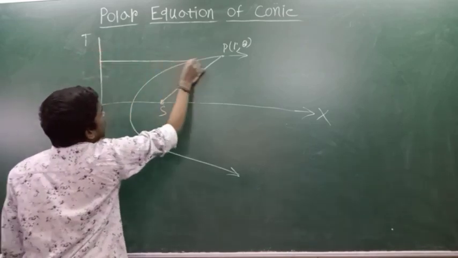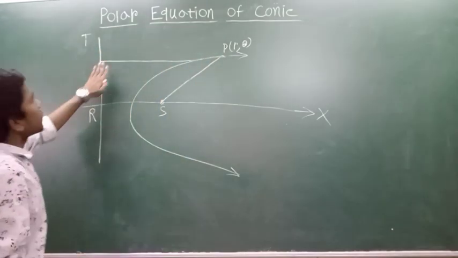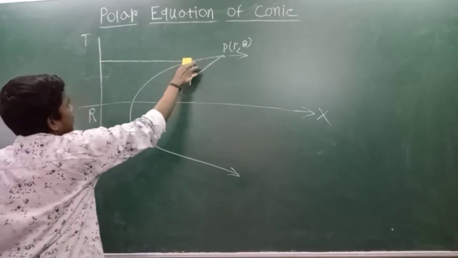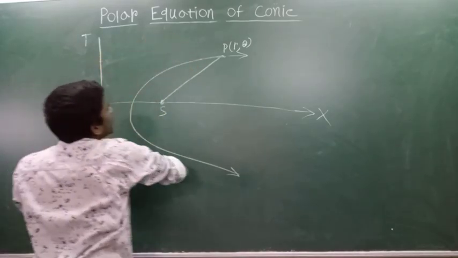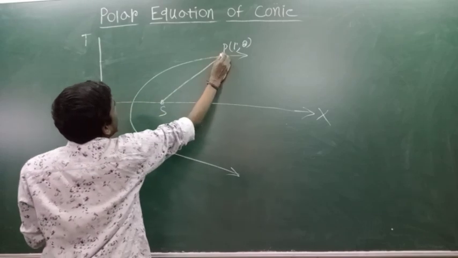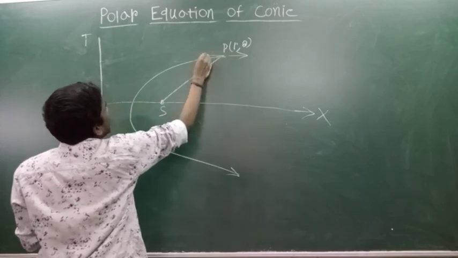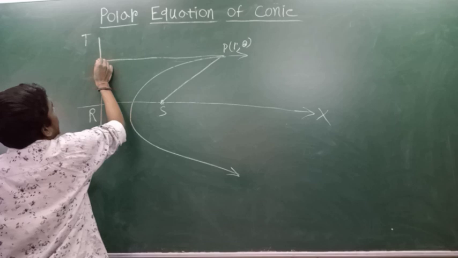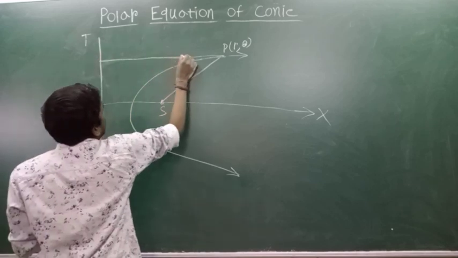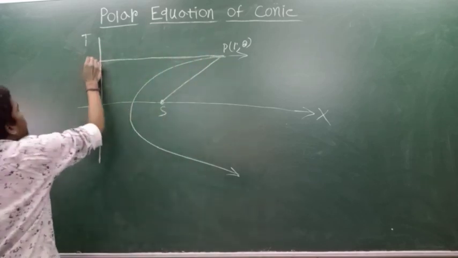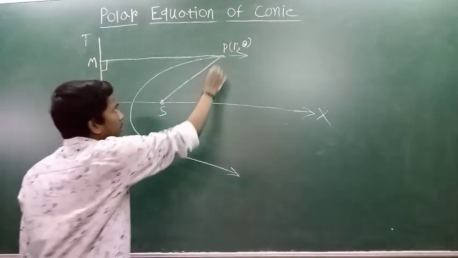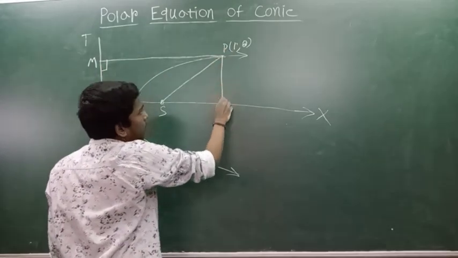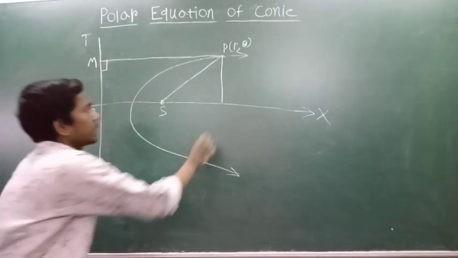This is the perpendicular from point P to the directrix, and we also draw a perpendicular to the initial line, say PN.